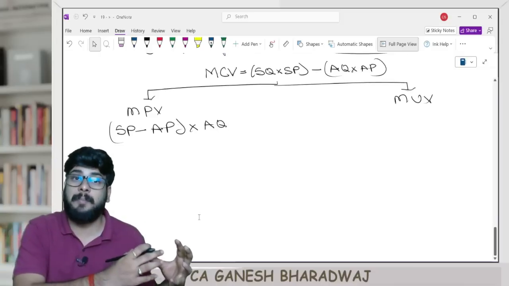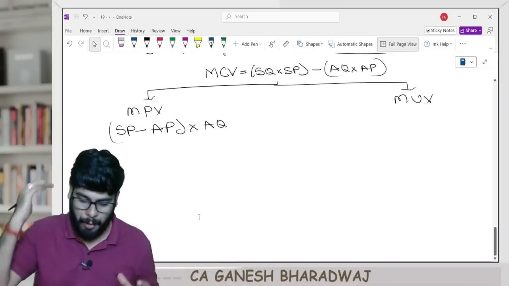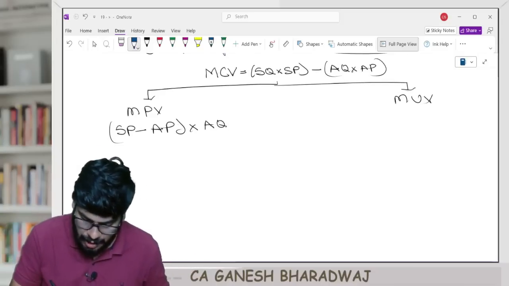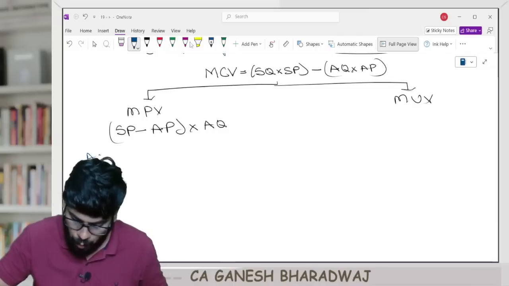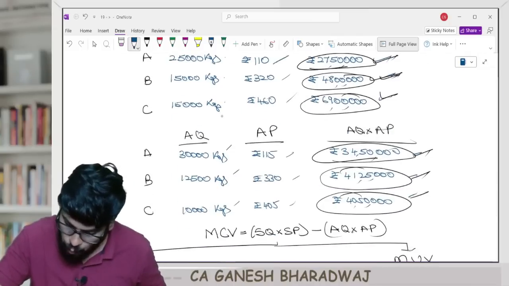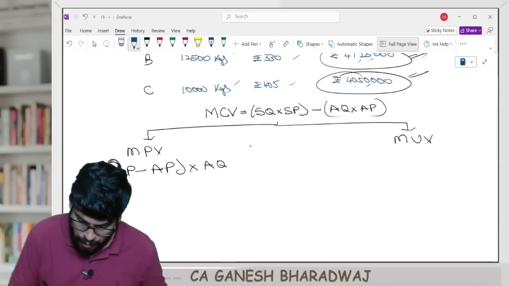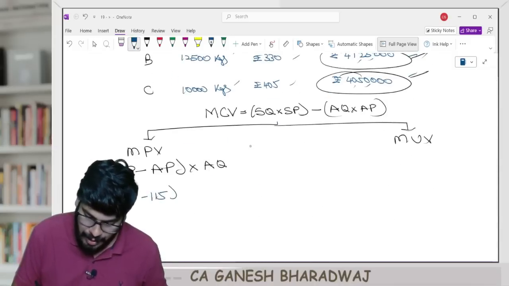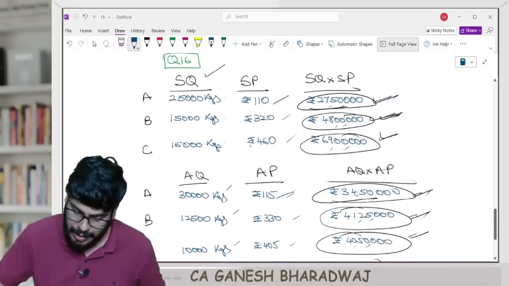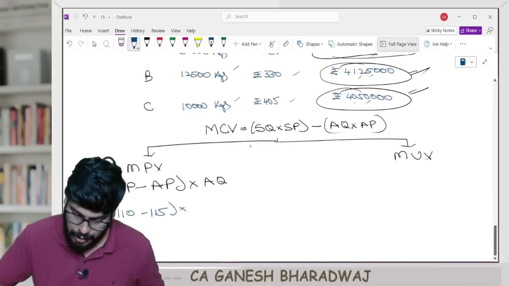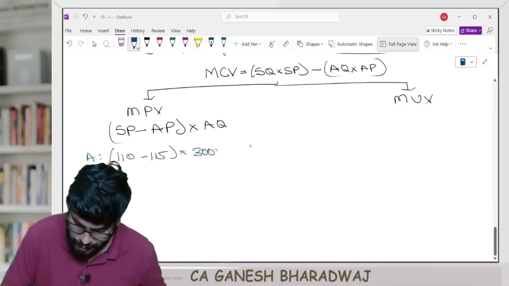Because the purchase manager is dependent on the production manager. We have seen it, right? For product A, the standard price is 110 rupees, actual price is 115. So it's 110 minus 115 into the actual quantity, 30,000 kgs.